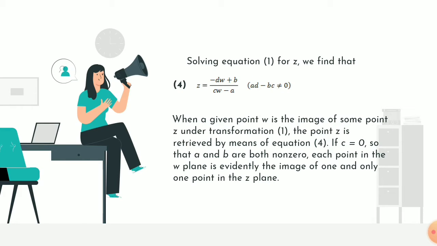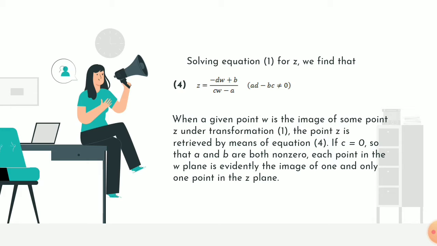Solving equation 1 for Z, we find that Z = (-DW + B)/(CW - A). When a given point W is the image of some point Z under transformation 1, the point Z is retrieved by means of equation 4.